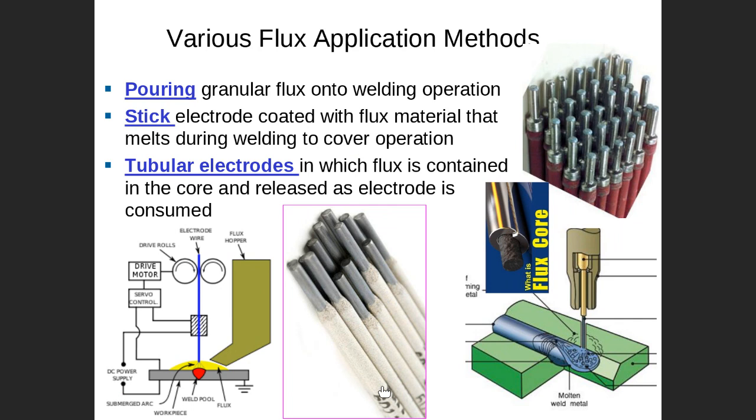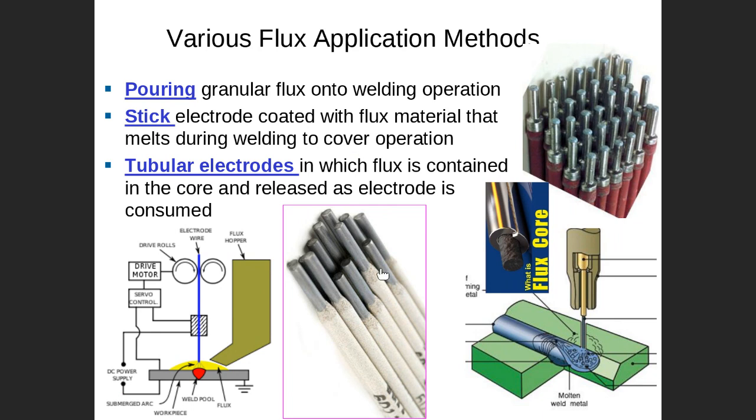Sometimes the coated flux is removed, or reacts with humidity and becomes non-functional. Then they put it in the core to protect the flux from anything and make it effective. It is actually more difficult and more expensive to manufacture.